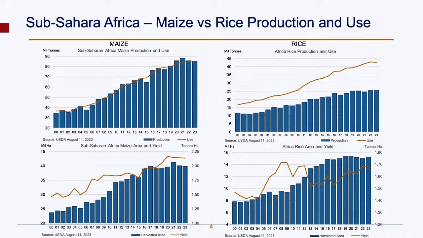Here are the same numbers looking at maize versus rice. When you look at maize, look at the consumption line in the top left corner versus production. We're keeping pace. In fact, you can't go beyond that. Going beyond that consumption line means you need to go into global exports, competing on the global market.